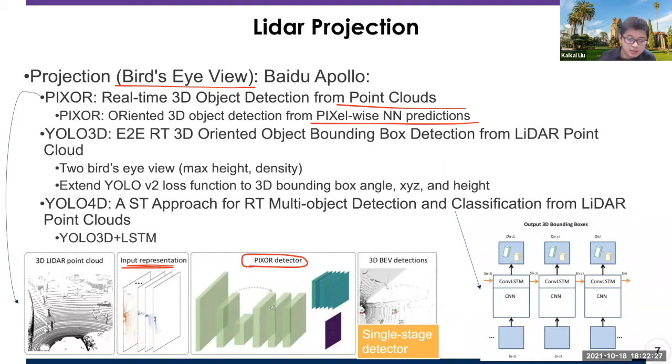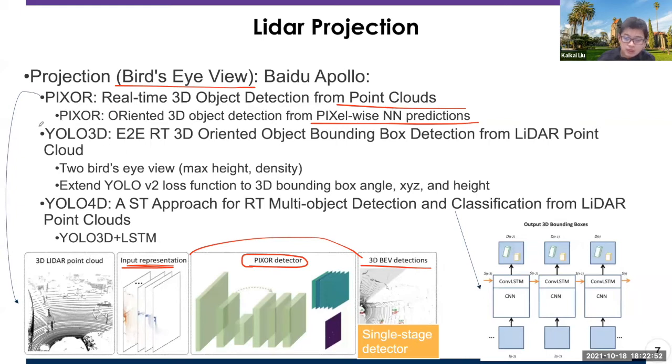So basically, they not only predict the 3D bounding box, but also the orientation, and it is a single stage, different from the previous ones that have an RPN. This is just a single stage approach. Then they finally get the 3D bird's eye view detection. This is a very interesting solution.